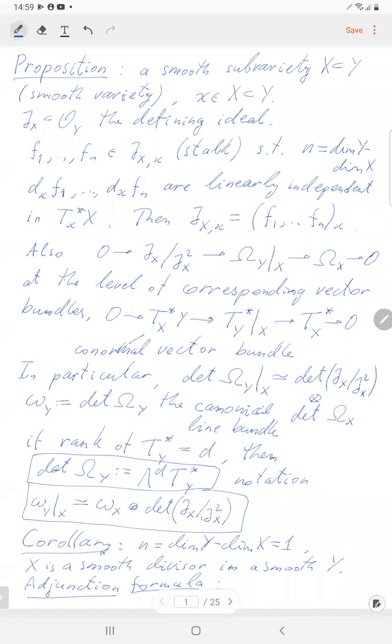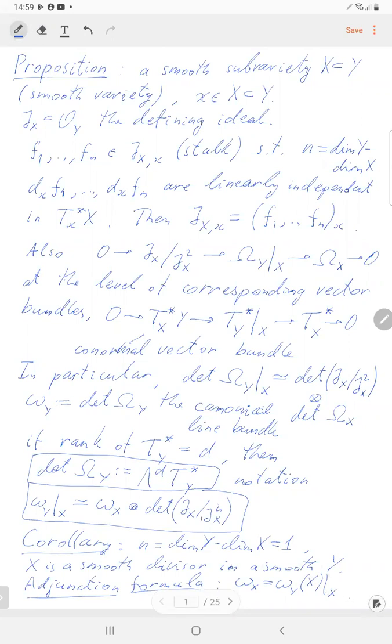It says that the canonical line bundle of the divisor is the canonical line bundle of the ambient variety twisted by this divisor X, and restricted to the divisor X itself.